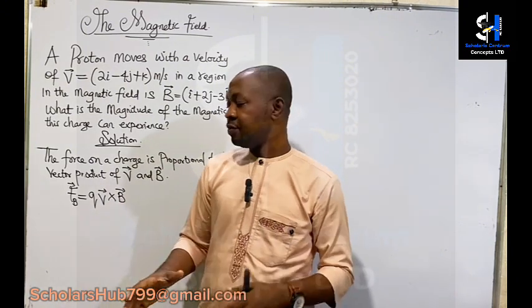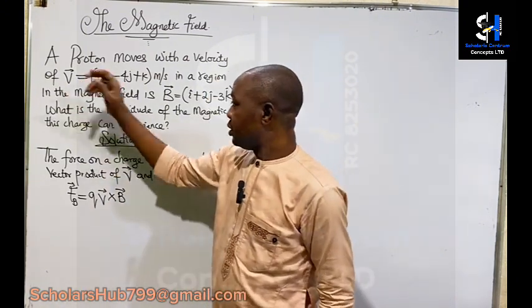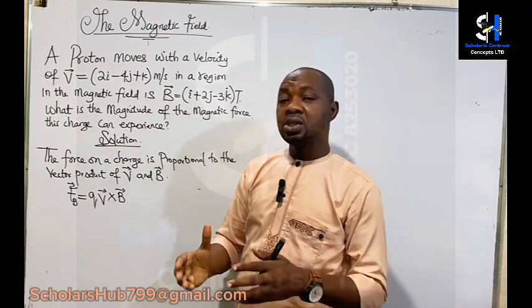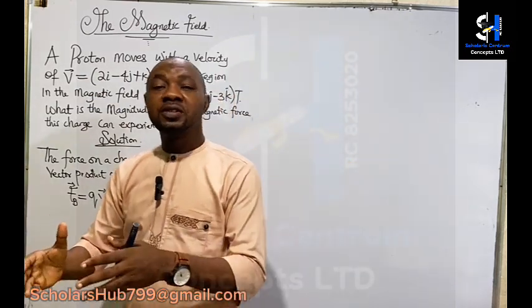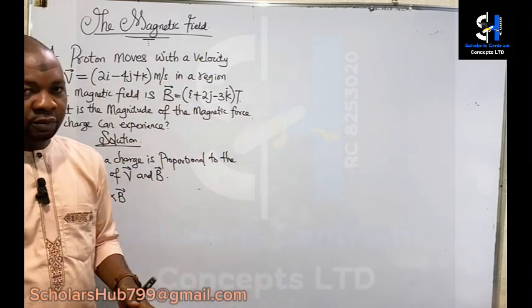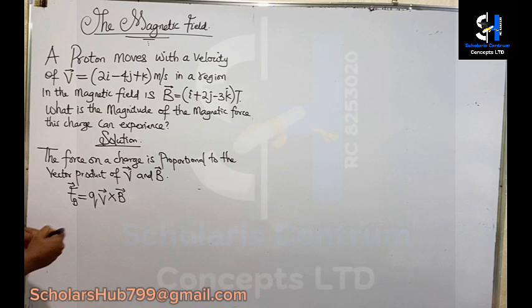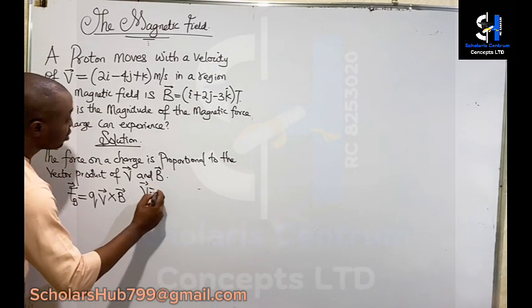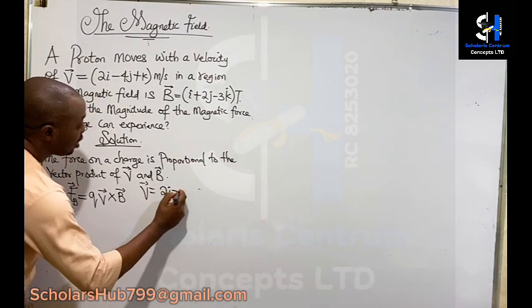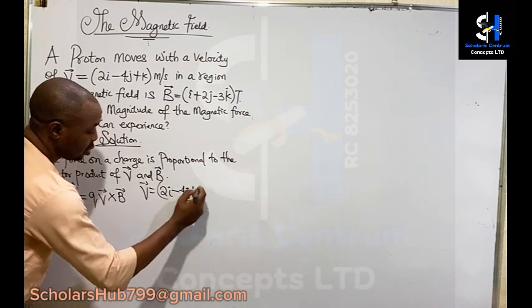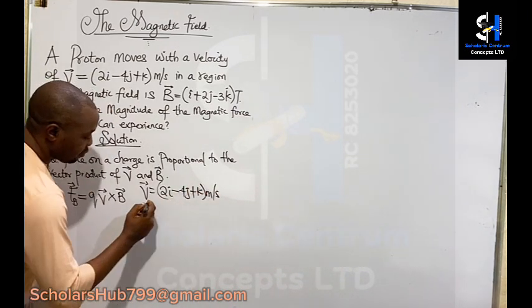So it means that the velocity and the magnetic field intensity are given in unit vector notation. We are given V to be 2i minus 4j plus k, and the unit is meters per second.